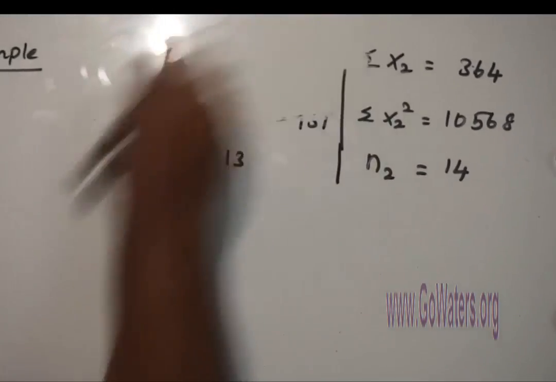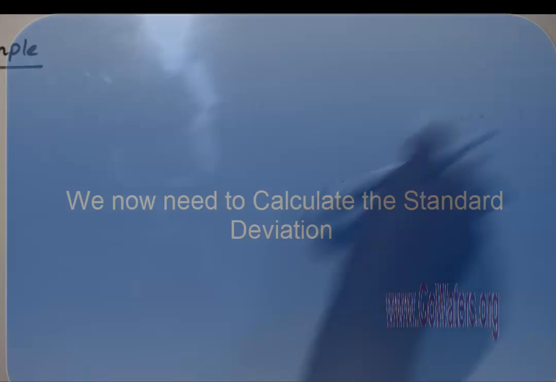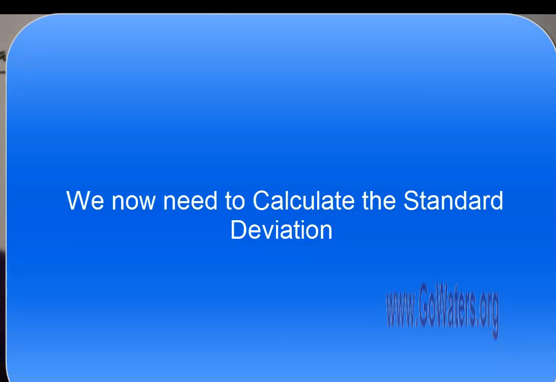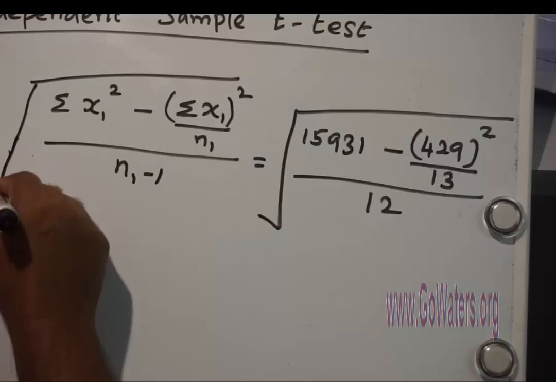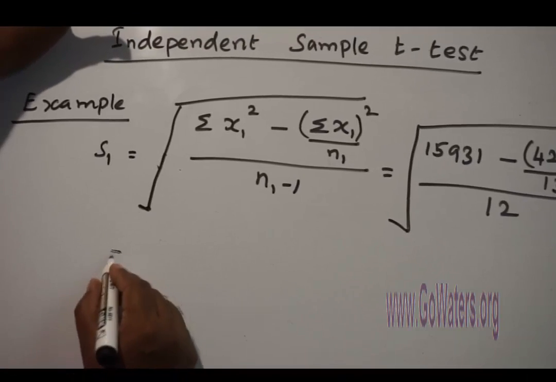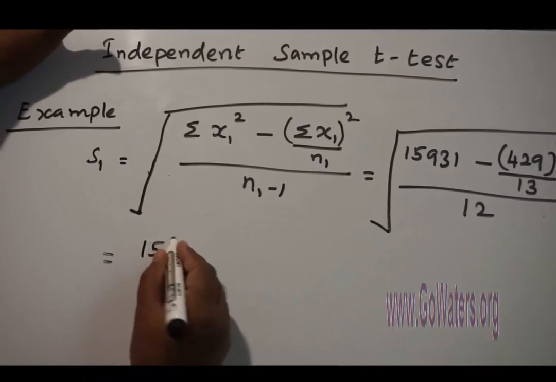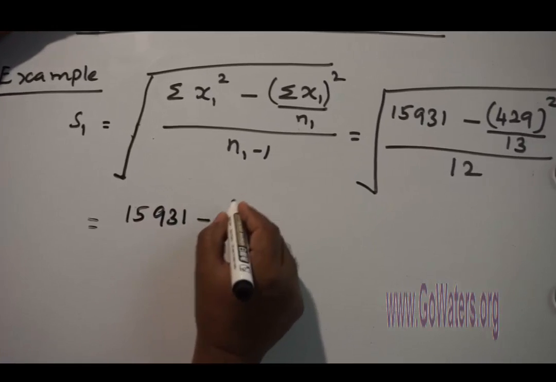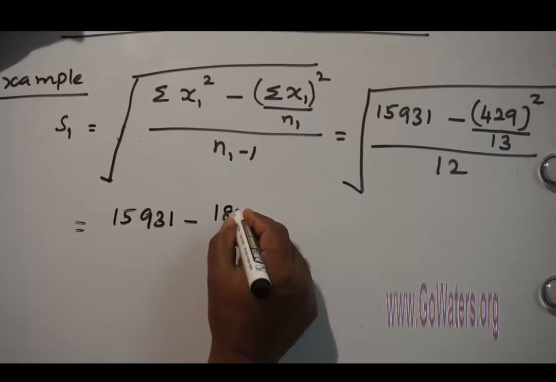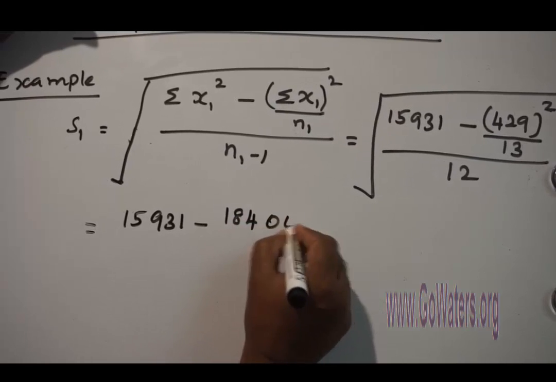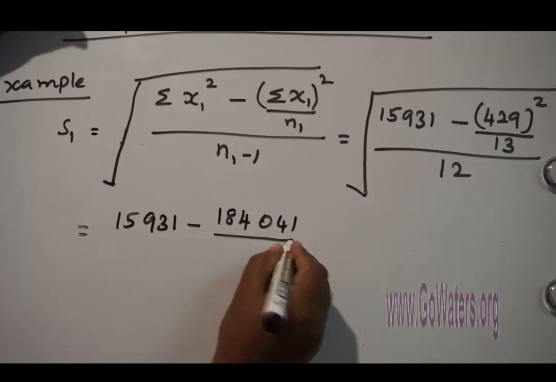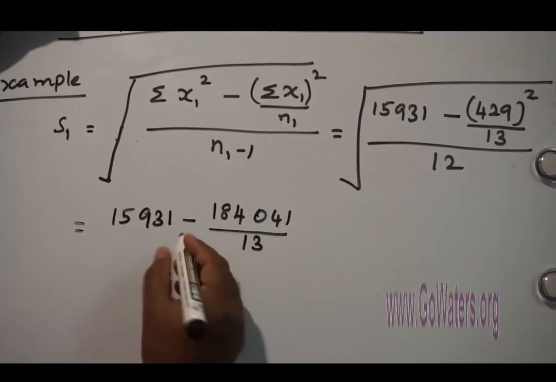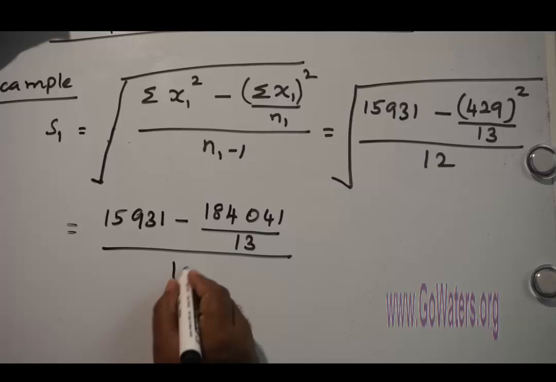Then we need to calculate the sample standard deviation. S1 square is 15,931 minus 184,041 divided by 13, the whole divided by 12.